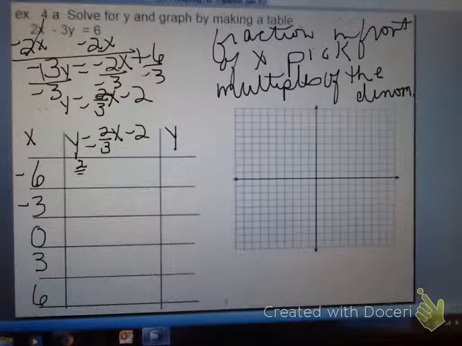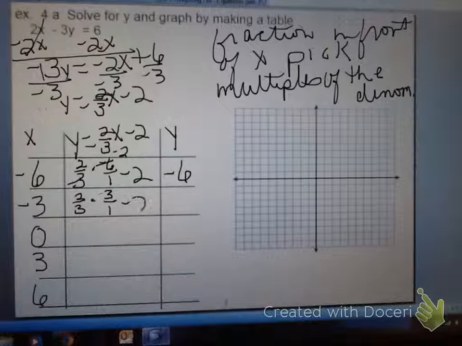So that's 2 over 3 times -6 over 1 minus 2. We are going to cross reduce. 3 goes into -6 and -2. So 2 times -2 is a -4, minus 2 is a -6. 2 over 3 times -3 over 1 minus 2. So the 3's go into -3, -1.